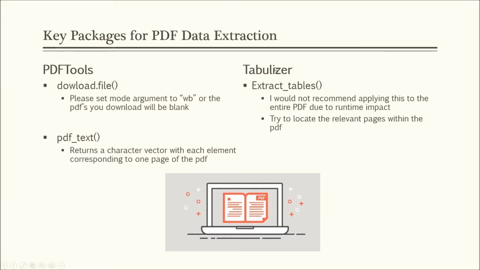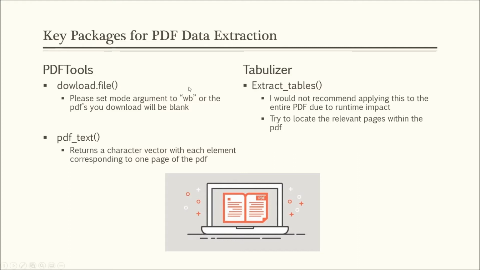And tabulizer, so if you need data that's in tables, like financial statements or other figures, extract tables is a key function. You can apply it to the entire PDF. I would not recommend that if the PDF is long, because the runtime will be quite long, and it'll bring in a lot of elements into your global environment that you don't really need.